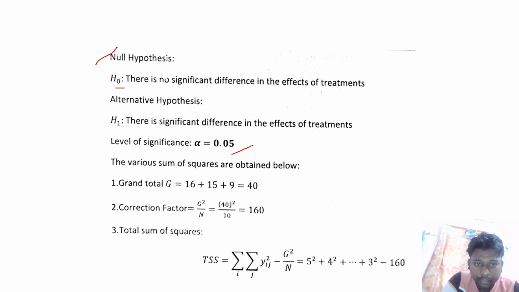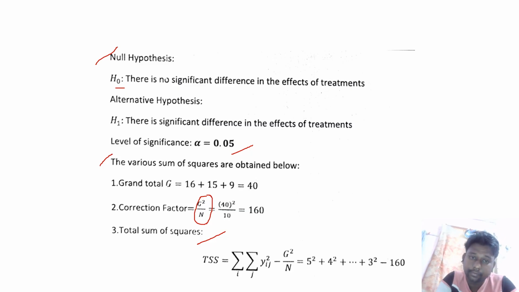Okay, and we have to calculate the grand total. Grand total is known as G, and the correction factor is G square by N. It is mostly used for every problem. G is nothing but the sum of the Ti.